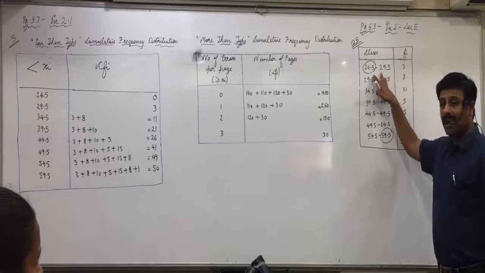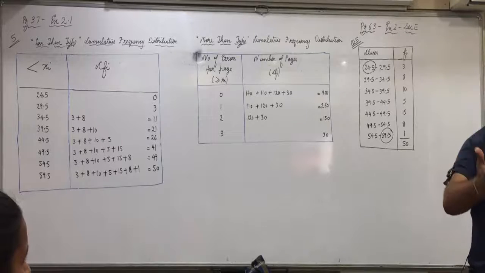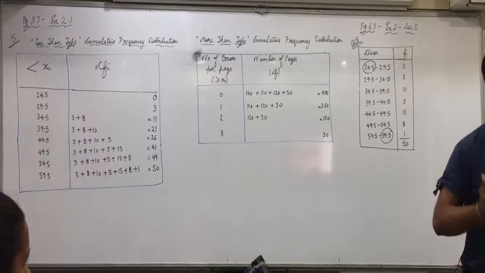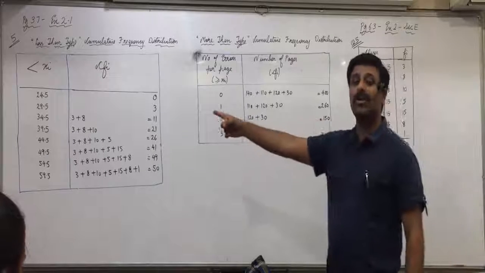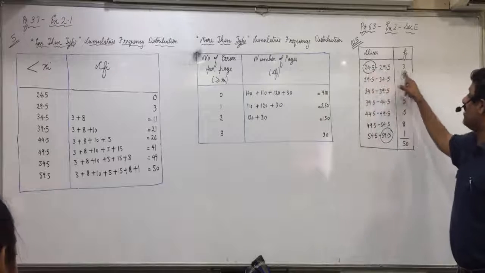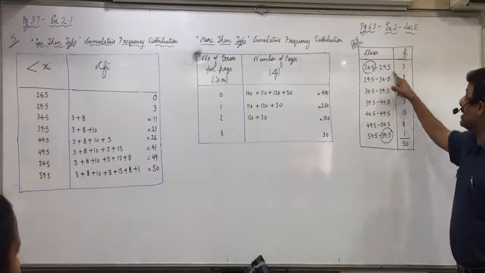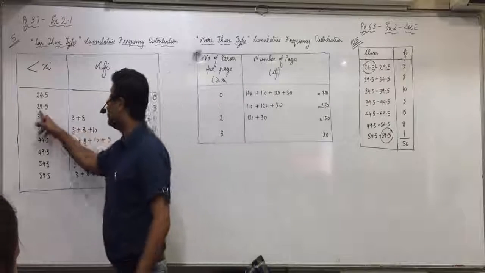Does 24.5 to 29.5 include 29.5? No. It is included in the next one. That's why we call it exclusive, because it excludes the upper boundary point. Therefore, we are not writing the sign of equal to. If I say between 24.5 to 29.5 the frequency is 3, it does not include 29.5. Therefore, I cannot write less than equal to 29.5.